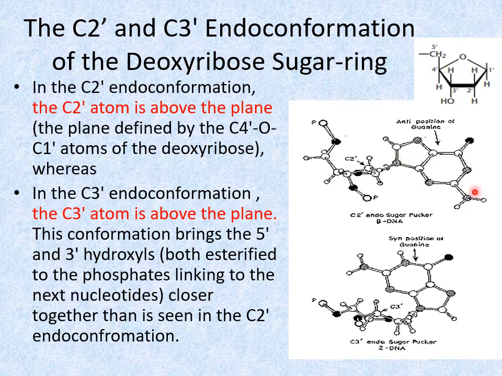This guanine molecule can be positioned in two forms. One is the anti position and the other is the syn position. So in the syn position, the guanine molecule is nearer to the phosphate entity, to the backbone entity, and this happens in the Z-DNA, as we are going to see in the video.